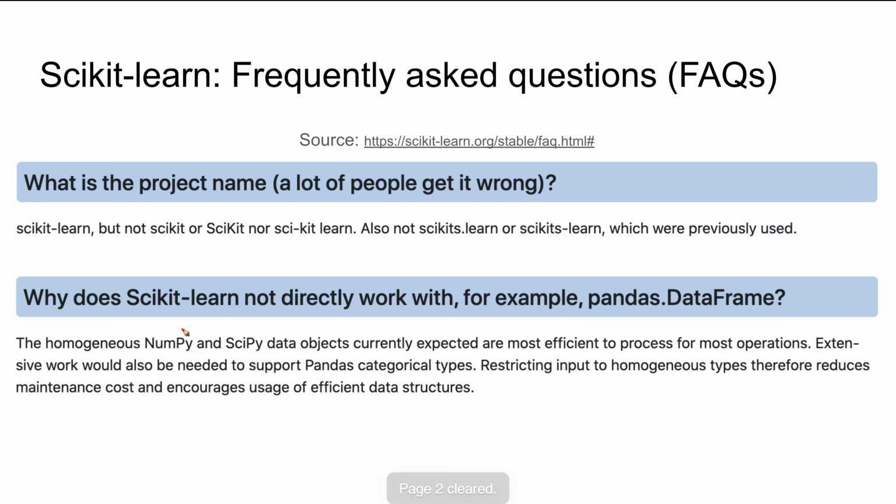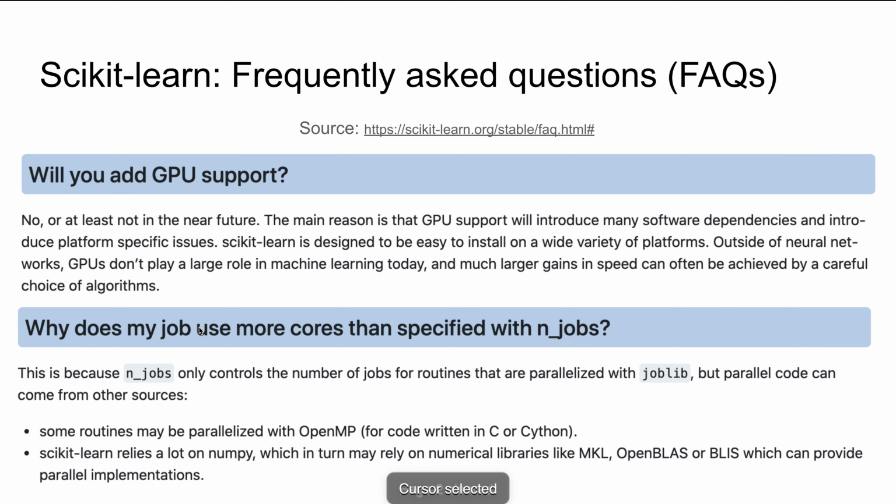In addition to that, we see that GPU support is not there for scikit-learn. So if you're trying to run scikit-learn algorithms, you want to remember that it cannot use a GPU. That's very important.